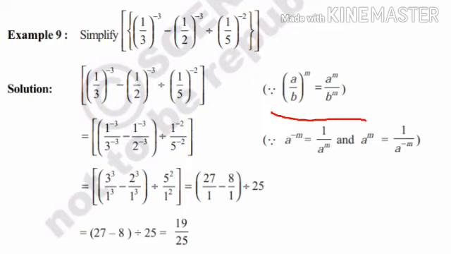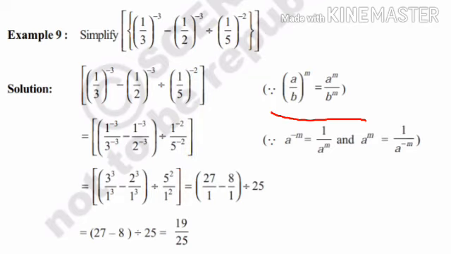We know (a/b)^m = a^m / b^m. So (1/3)^-3 we can write as 1^-3 / 3^-3, minus (1/2)^-3 we can write as 1^-3 / 2^-3, divided by (1/5)^-2, which is 1^-2 / 5^-2.